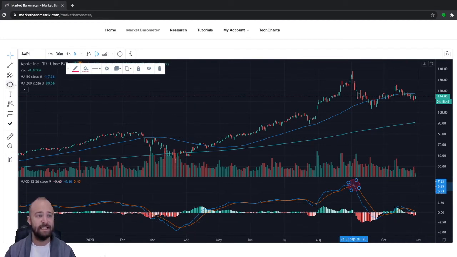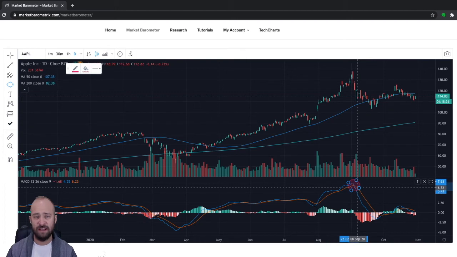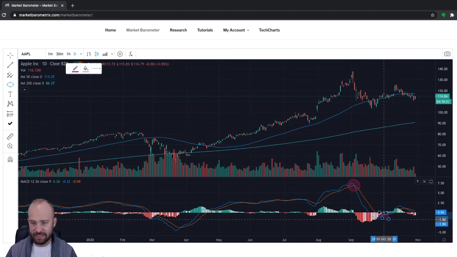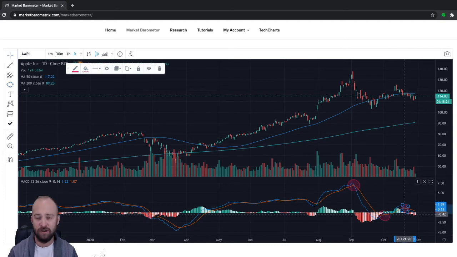We also get several crossovers between the MACD and the signal line. So here the MACD is crossing below the signal line. It's a bearish signal. Here we have the MACD crossing above the signal line, and then once more and most recently we have another MACD crossing below the signal line, another bearish short-term signal.